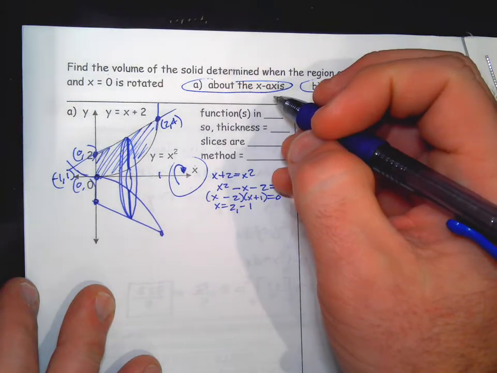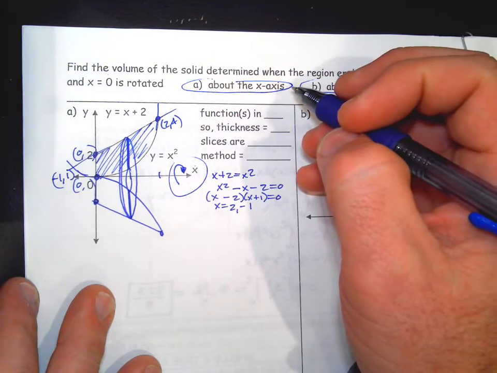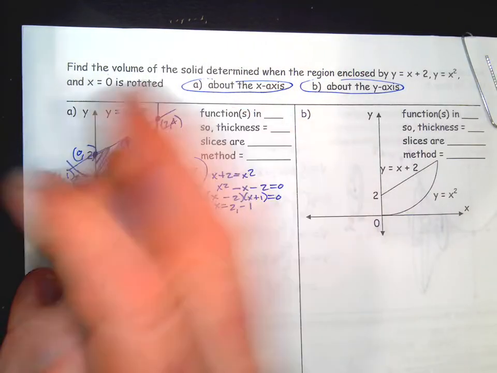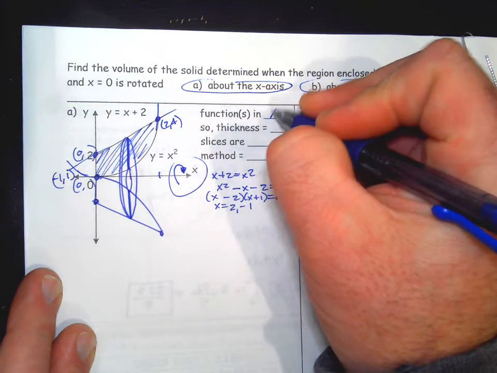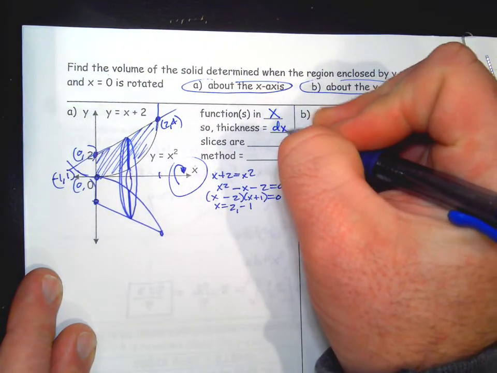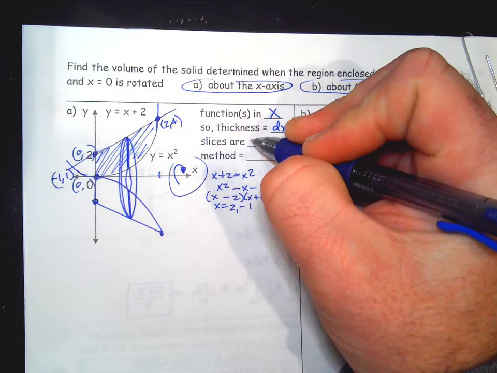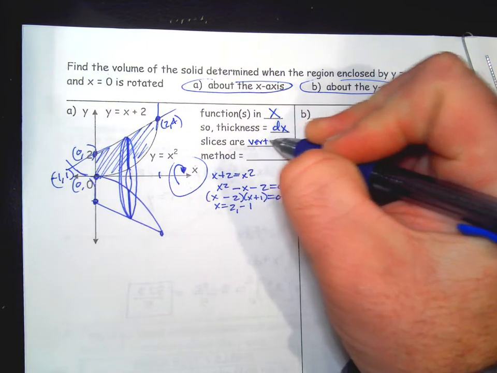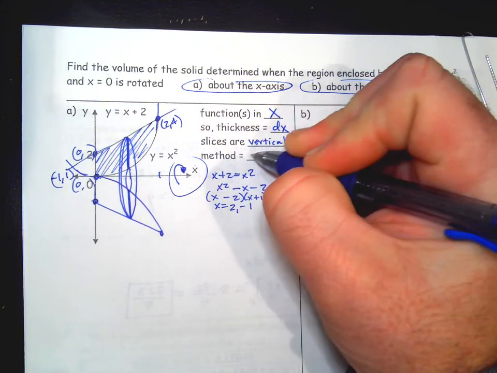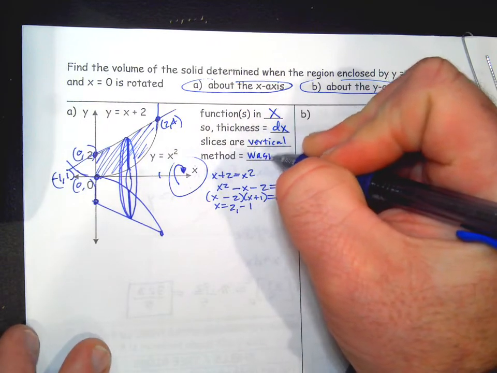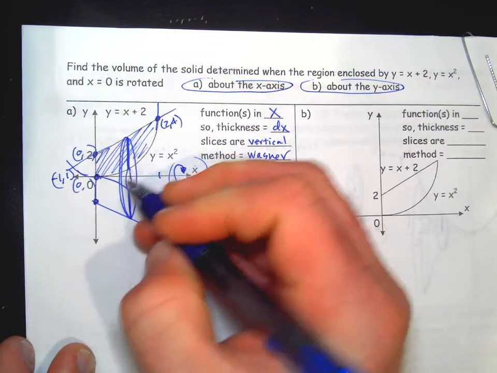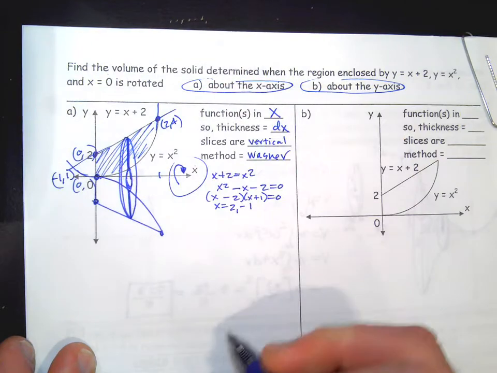So we're going to do everything, if you have vertical slices, in terms of x, dx. The slices are vertical, and the method in this case is the washer method. So we have one slice drawn, which is going to help us a lot.